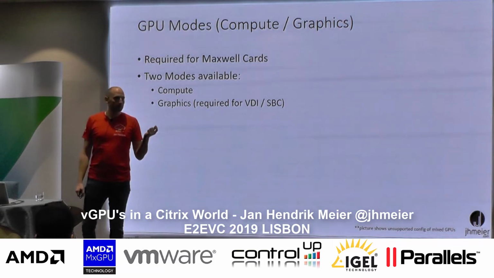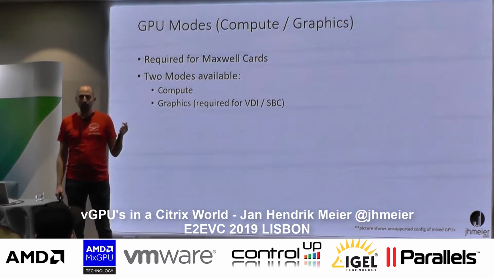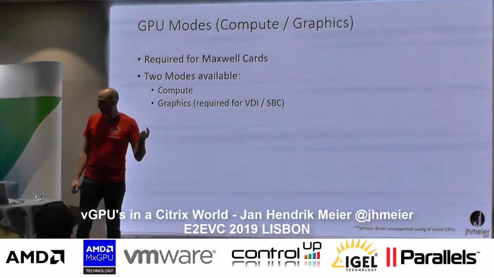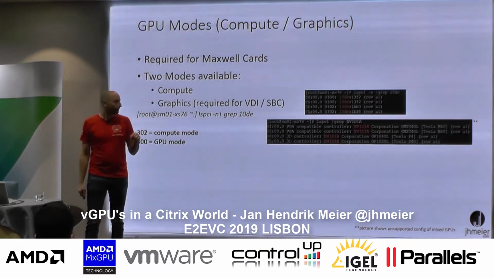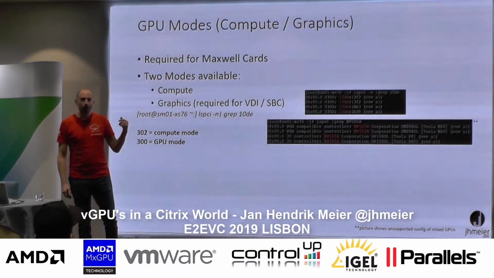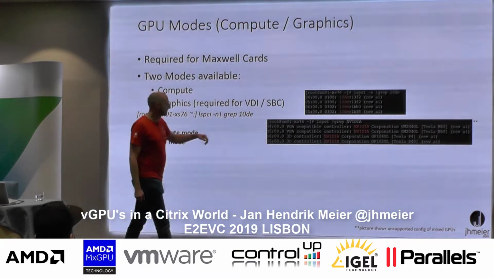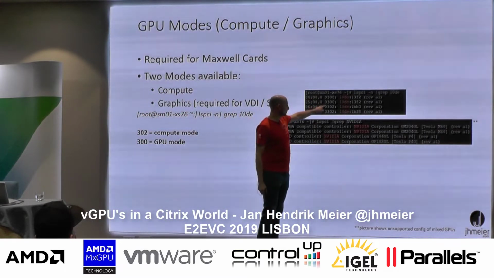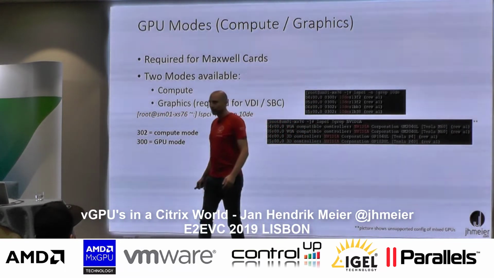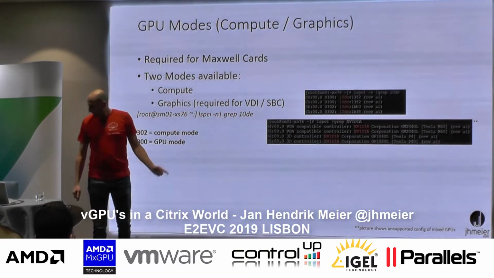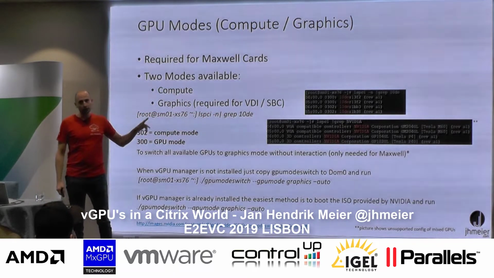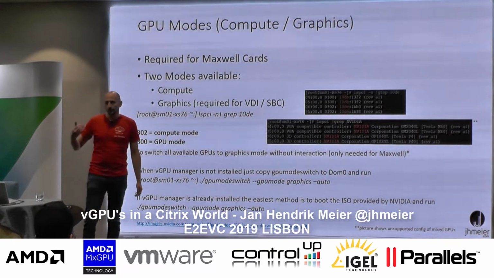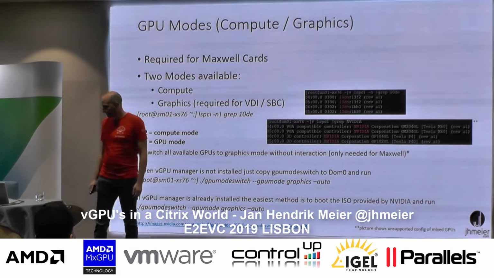It was not possible to use them in a vGPU scenario when they were running in compute mode, so you had to change them. It's on the command line, and you only see a number, like 300 or 302, which shows in which mode the card is running. When it is running in the wrong mode, you need to change it to get it up and running in the vGPU world.